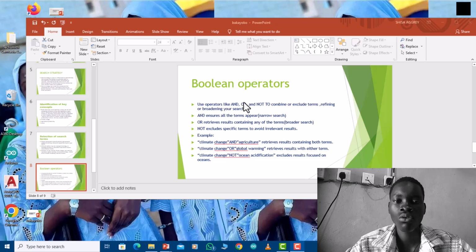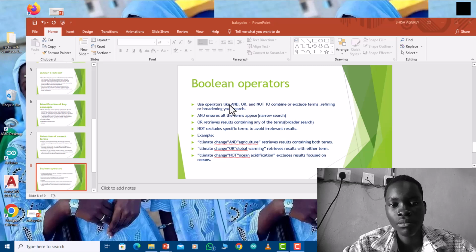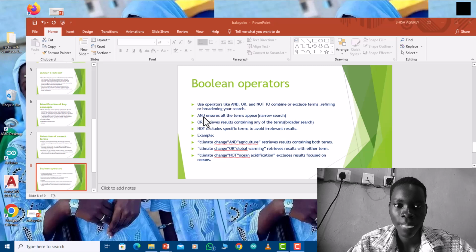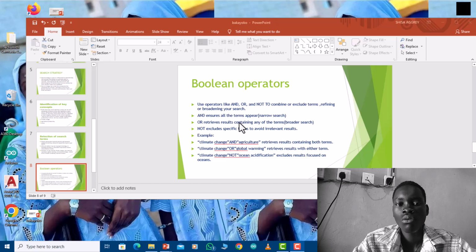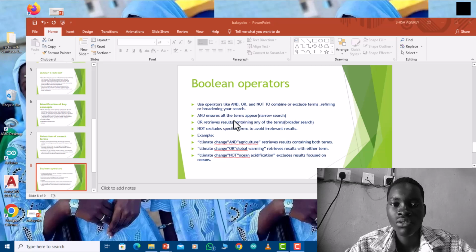Then the other step is to ensure all the terms appear. Ensure all those terms you are searching for appear, so that it is possible to widen your scope of study.